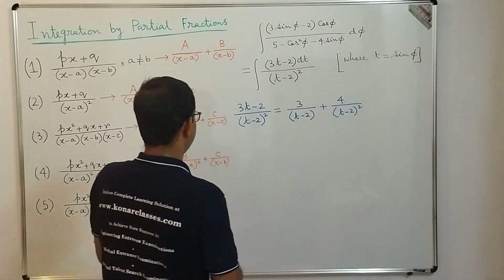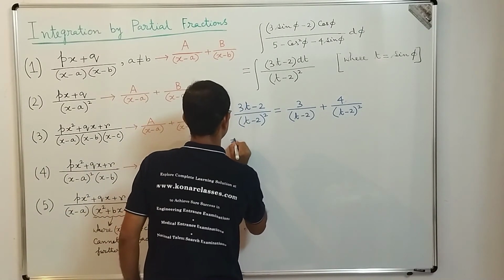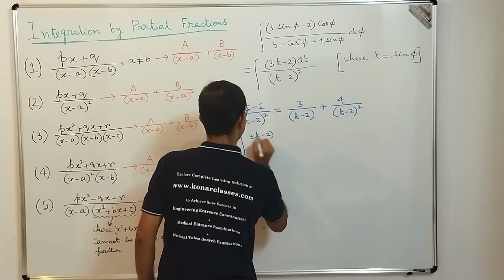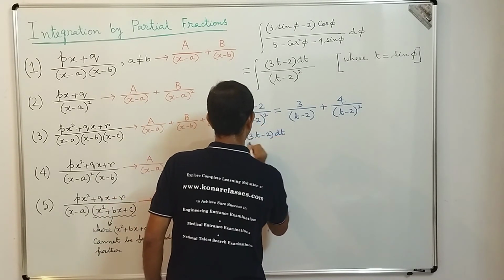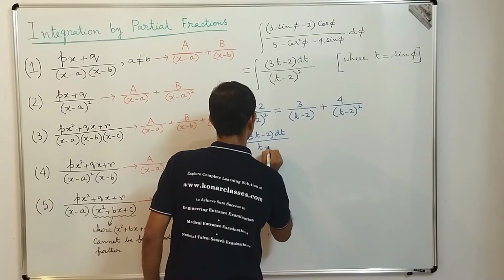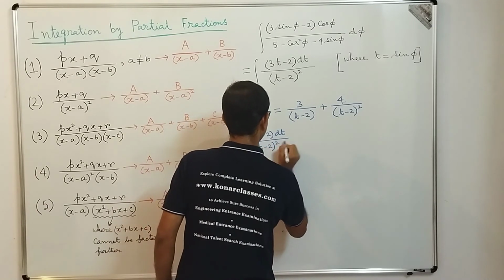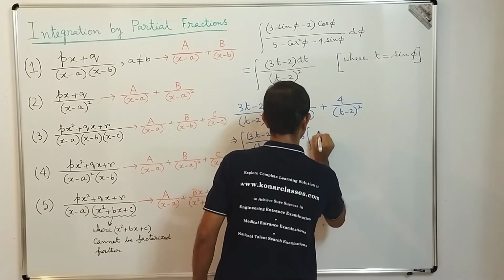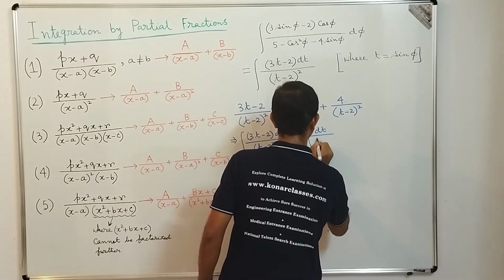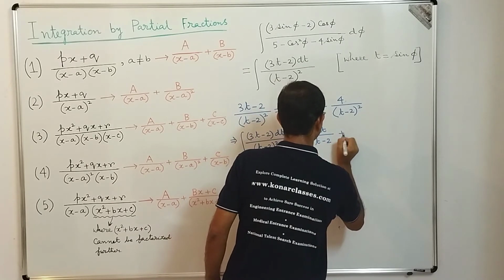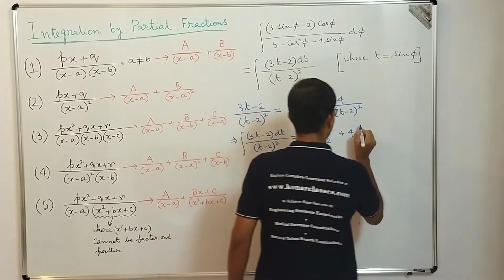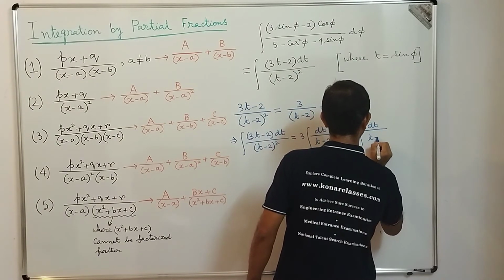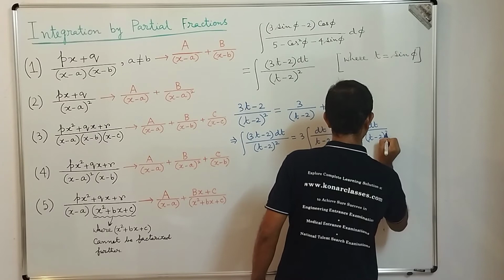So this implies the integration of (3t minus 2) dt divided by (t minus 2) whole square is equal to, 3 is a constant, so it should be taken out of the integration, dt by t minus 2, plus 4 is also a constant, it should be taken out of the integration, dt by (t minus 2) whole square.